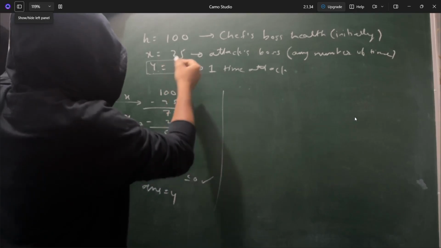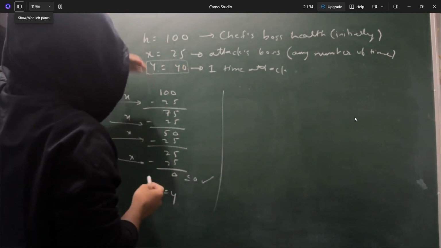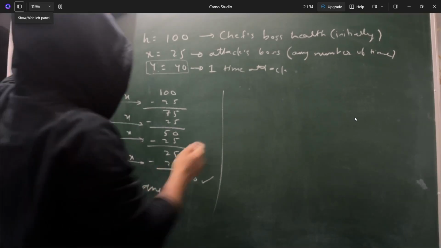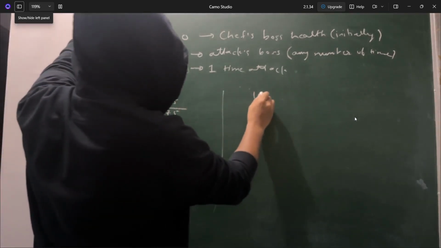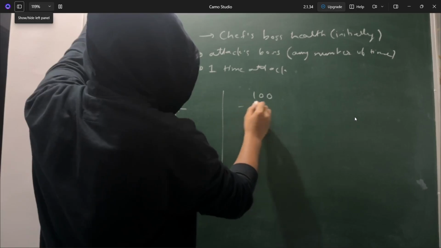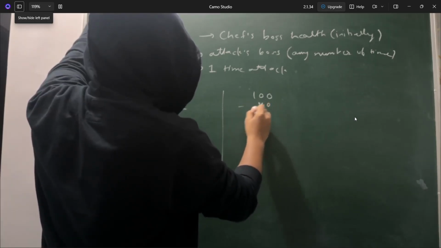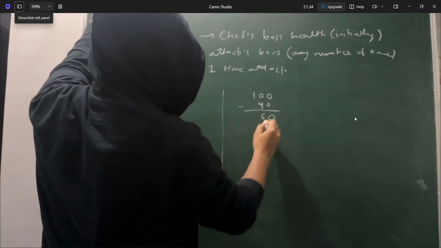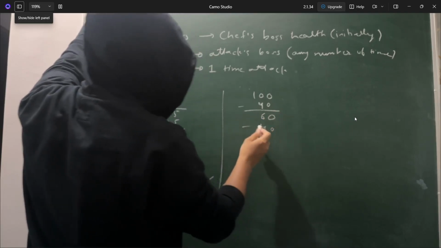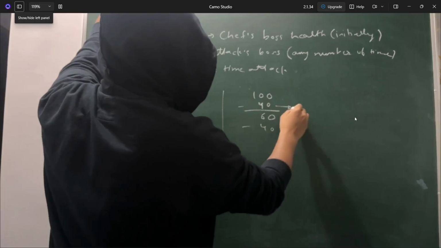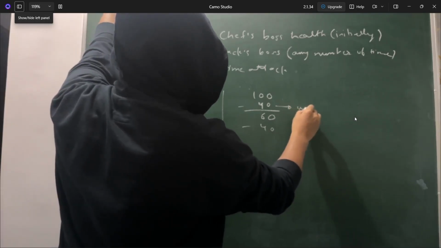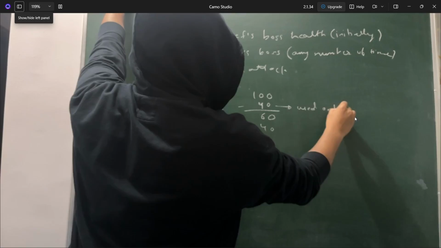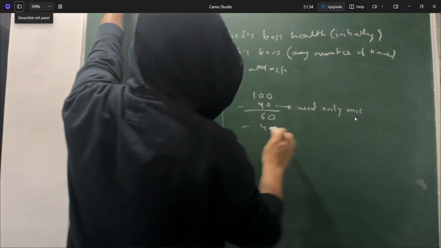So we'll have to use this operation in order to reduce the number of attacks. Let's say first boss health is 100, and he's using the y attack. So now boss health is 60. Can you use one more y attack? No, because this operation is used only once. So he can't use that.